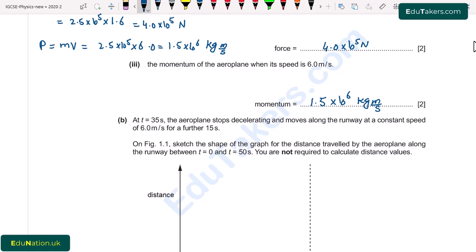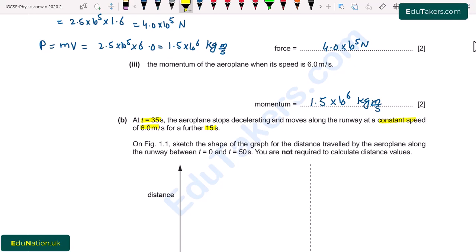Part B. At t = 35 seconds, the aeroplane stops decelerating and moves along the runway at a constant speed. Here speed is constant at 6 meters per second, for a further 15 seconds.